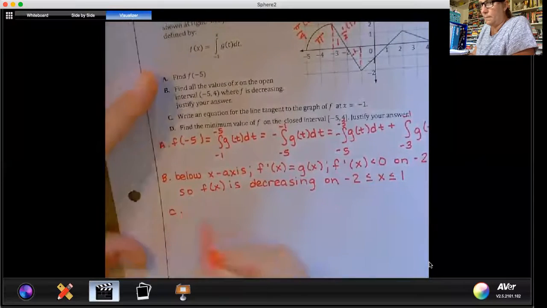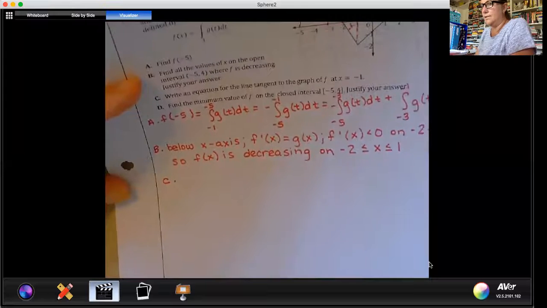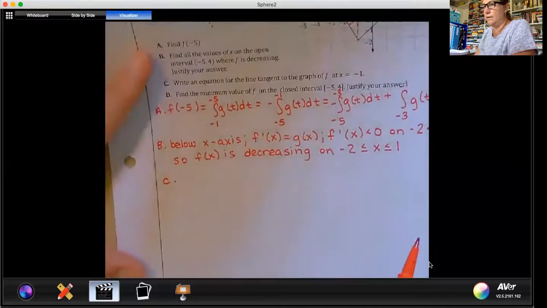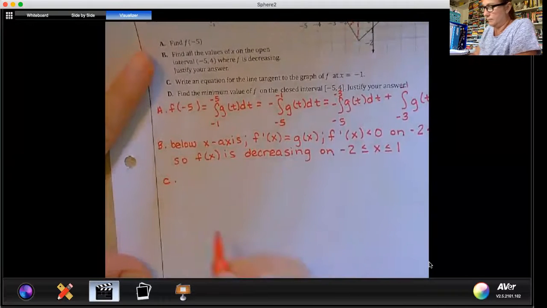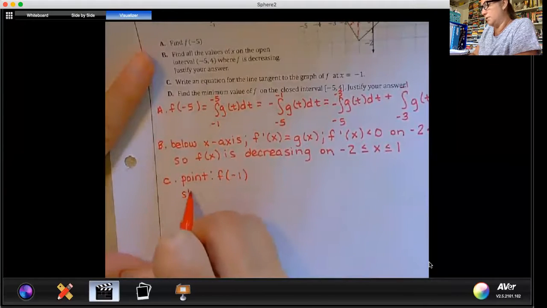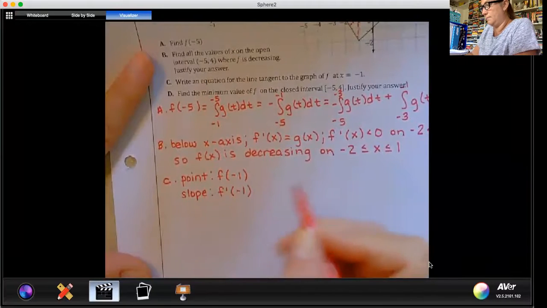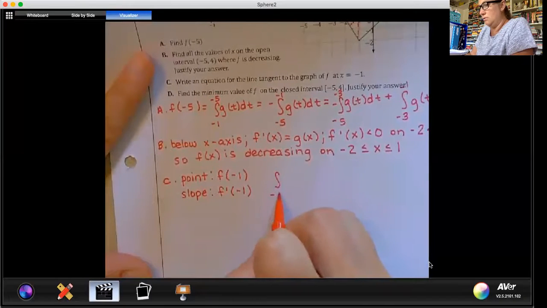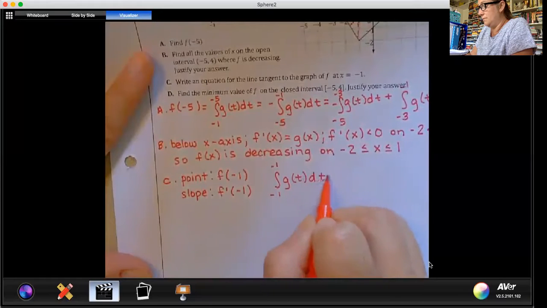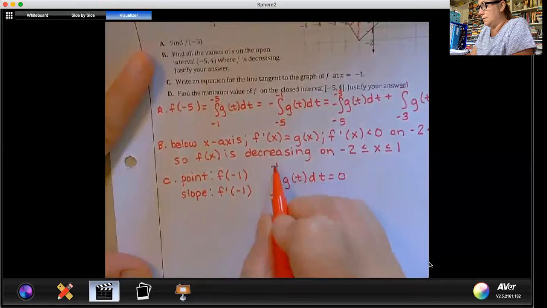Write an equation for the line tangent to the graph of f at x equals -1. So we're going to find our point by using f of -1 and our slope by using f prime of -1. So the integral from -1 to -1 of g of t dt is 0 because the bounds are the same.